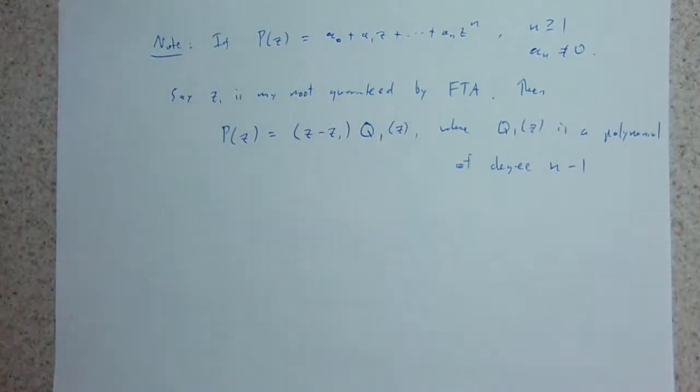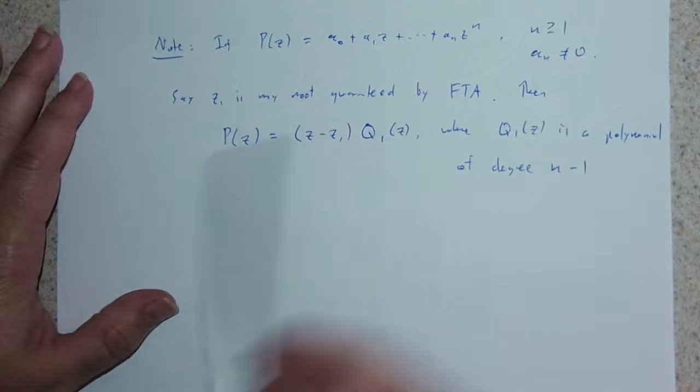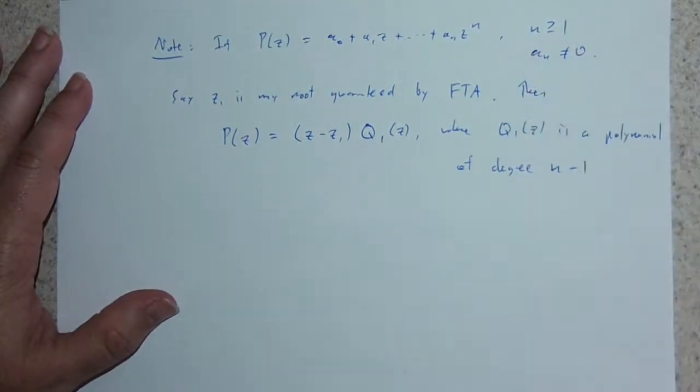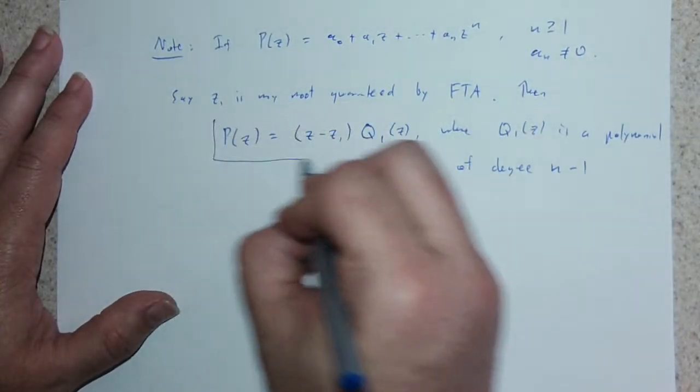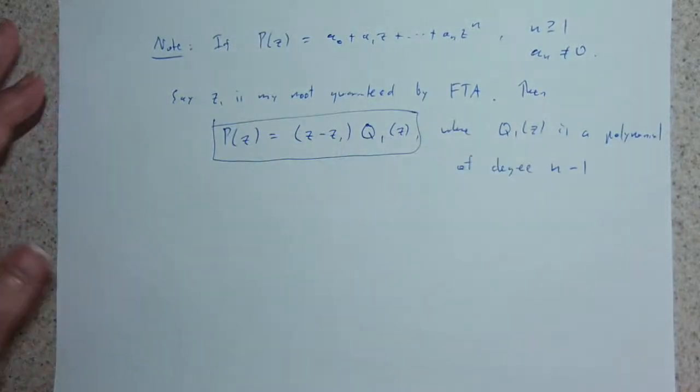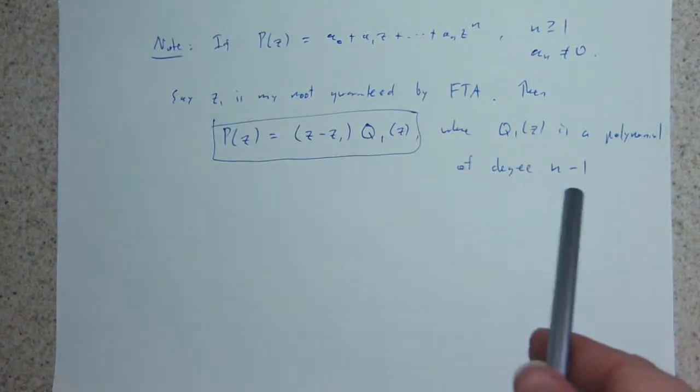So if we start out with a polynomial of degree n, with n greater than or equal to 1, we're guaranteed a root by the fundamental theorem of algebra, and we can rewrite the polynomial this way.